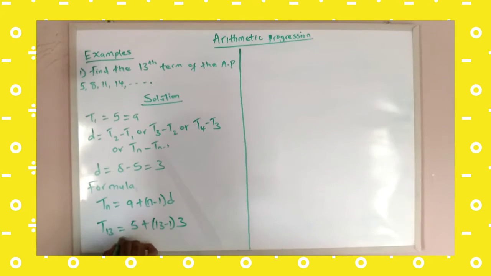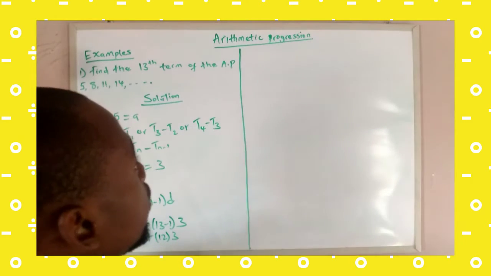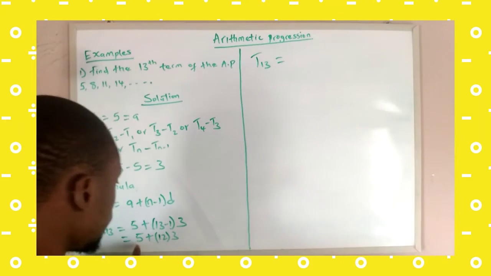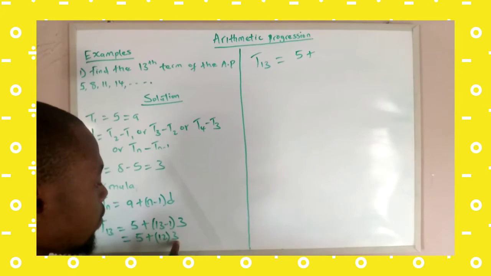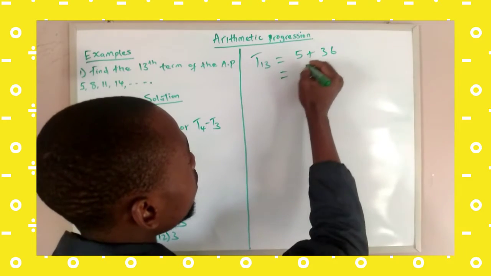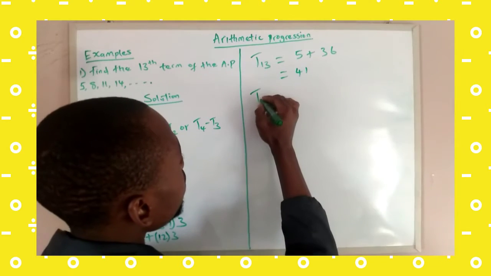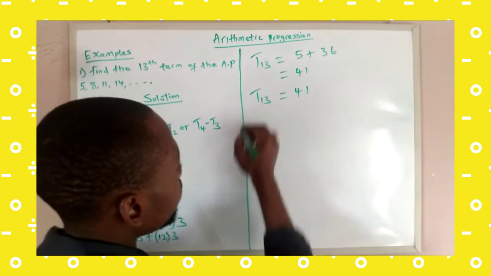That will give us 5 plus 13 minus 1, that is 12, multiplied by 3. So we have our T13 equal to 5 plus 12 times 3, that will give us 36. And our answer will be 5 plus 36, that will be 41. So our 13th term, T13, will be 41.